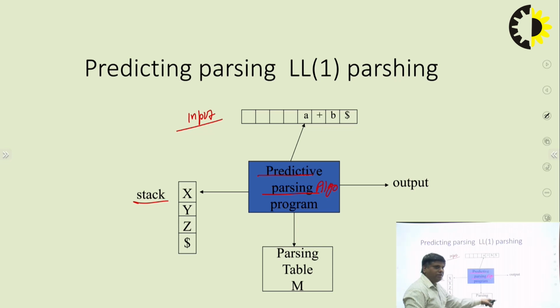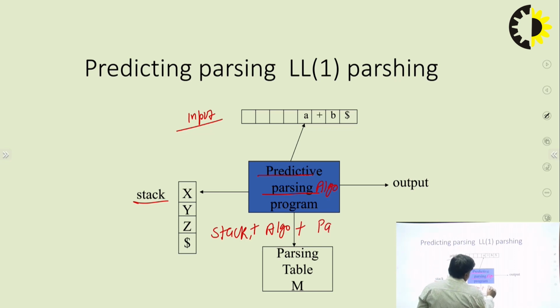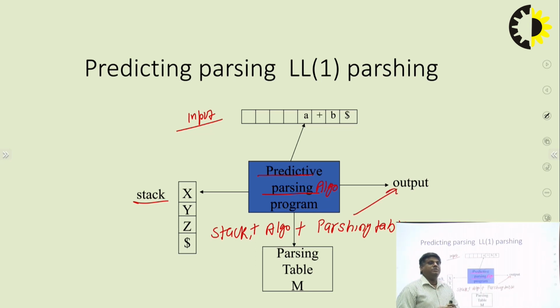This is a very important table for LL1 parsing. With the help of these three, stack, algorithm plus parsing table, we generate the final outcome, and that final outcome is our predictive LL1 parsing table.